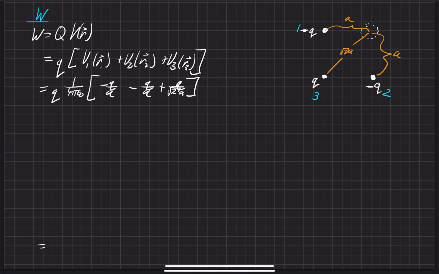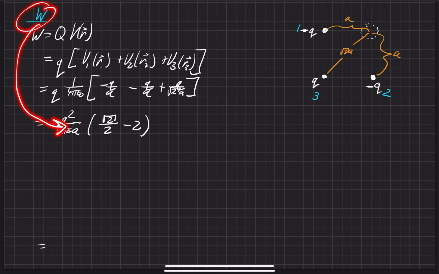And you know what? They also have A in the denominator as well, so I'll go ahead and pull those out right now. So now we have Q squared over 4 pi epsilon naught times A. And then we can break all those down into a single relationship, which is square root of 2 over 2 minus 2. And that is how much work we'll need to bring in that test charge to that point.